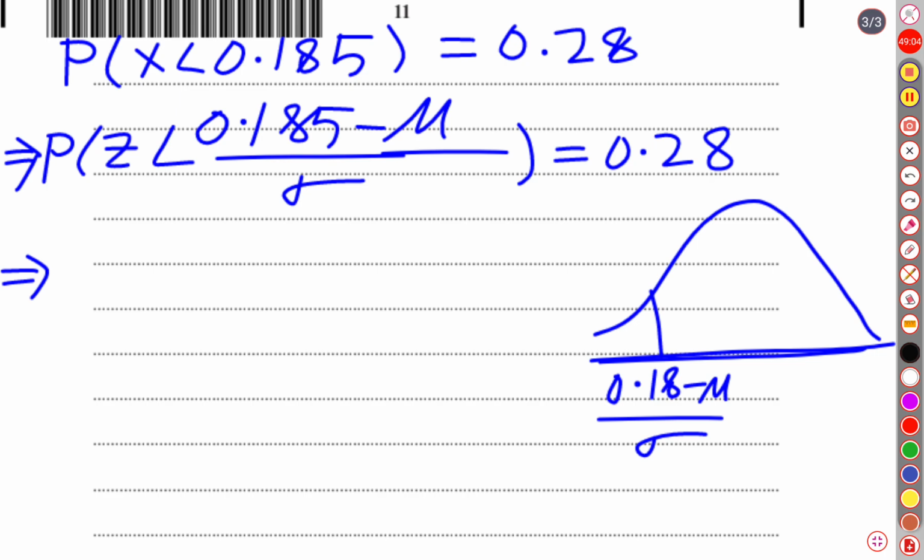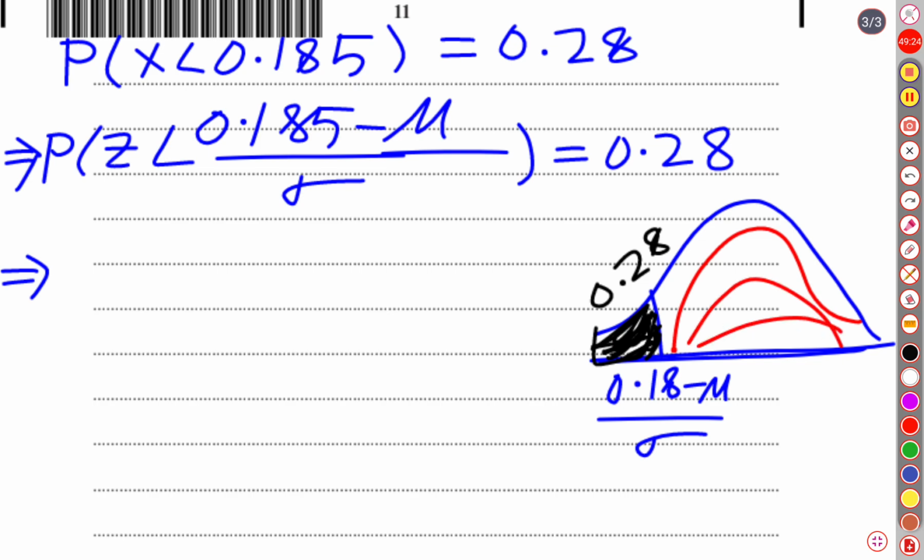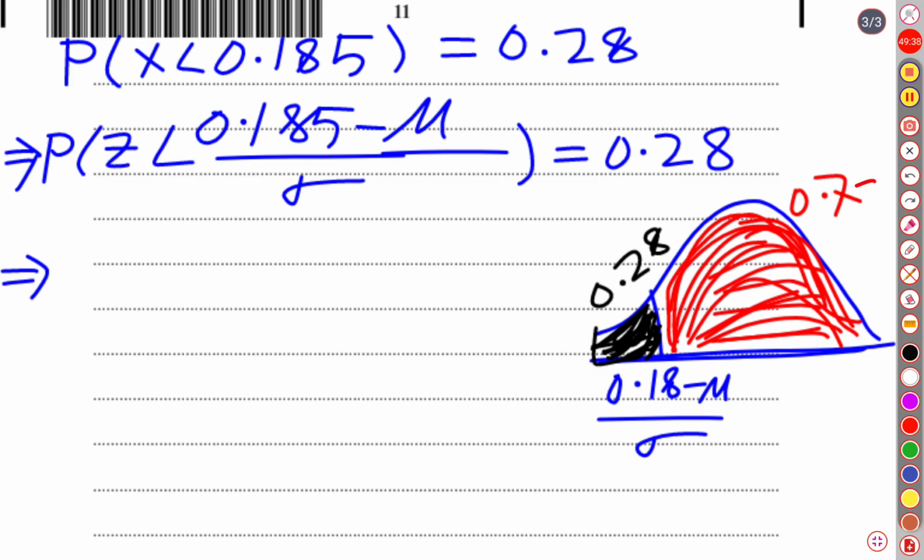And our required probability is this portion, which is 0.28. The tiny part lying on the other side, the red shaded part, must be 0.72.